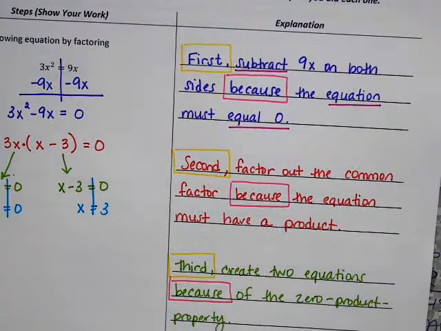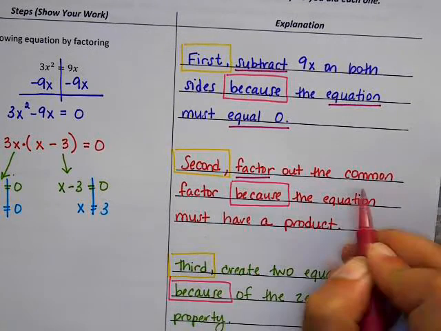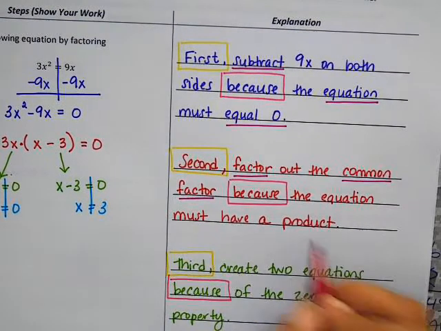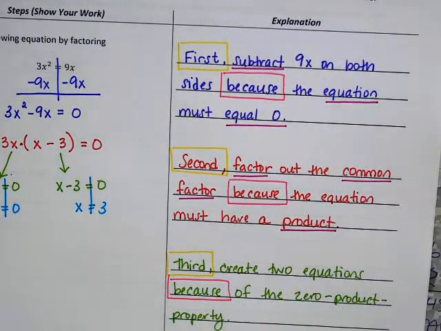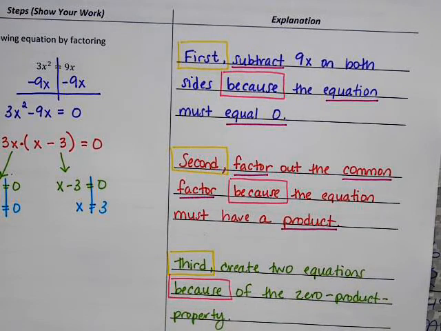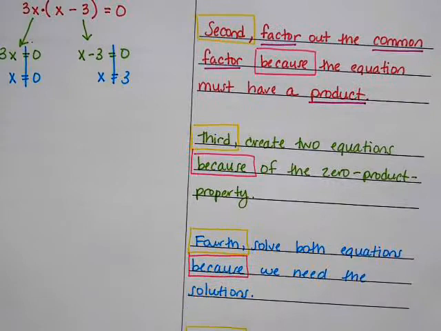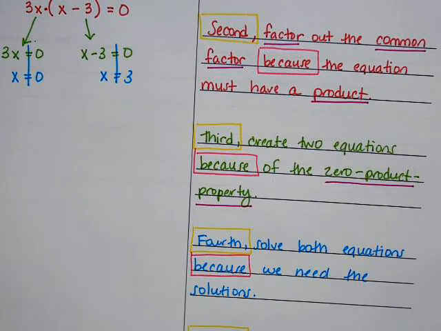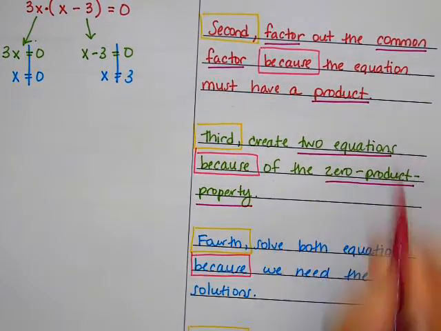In the second sentence, we need to say factor and common factor. And then we need to say product, because the reason we're making a factoring problem is since we need a product. Next, we always need to say zero product property, and we need to say that we created two equations.